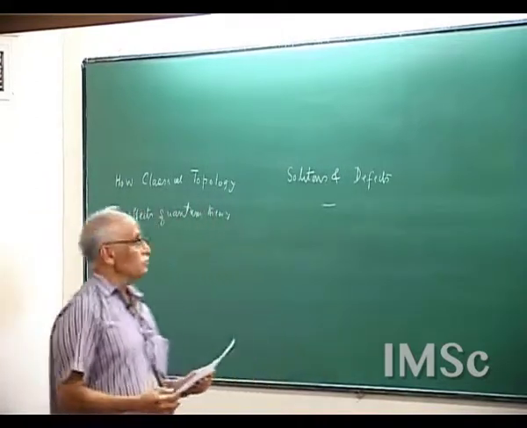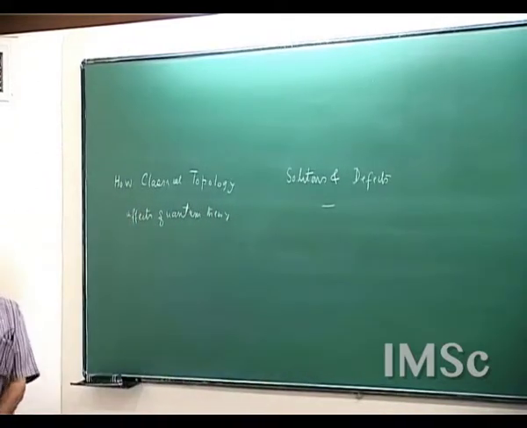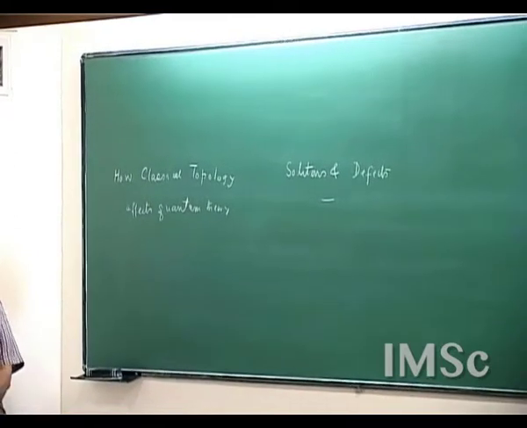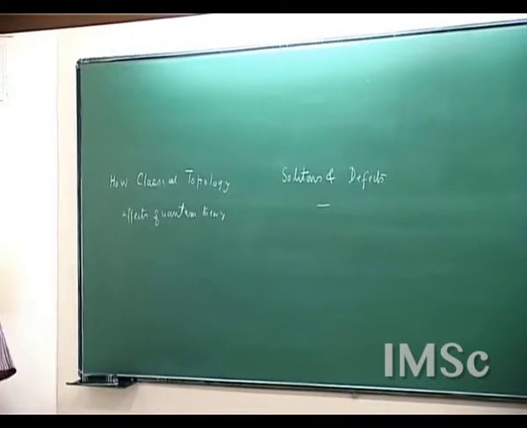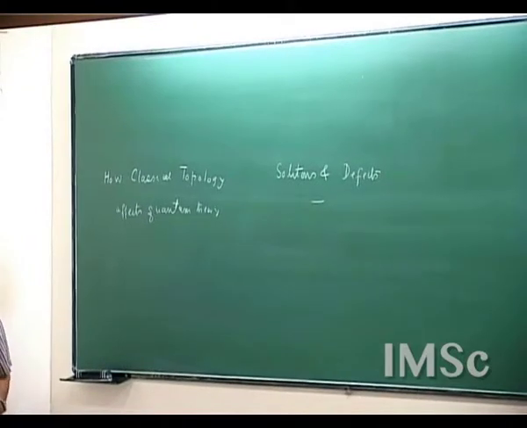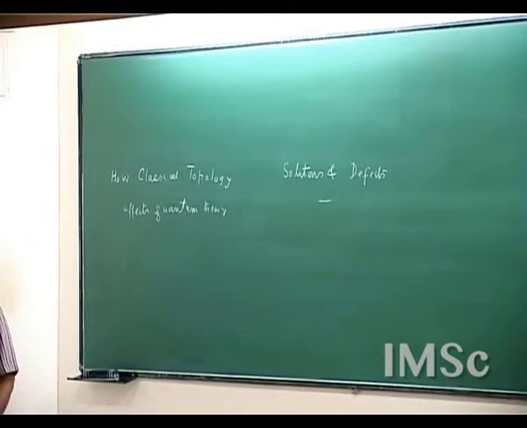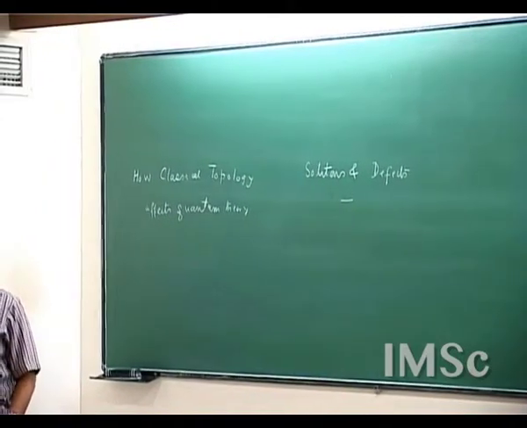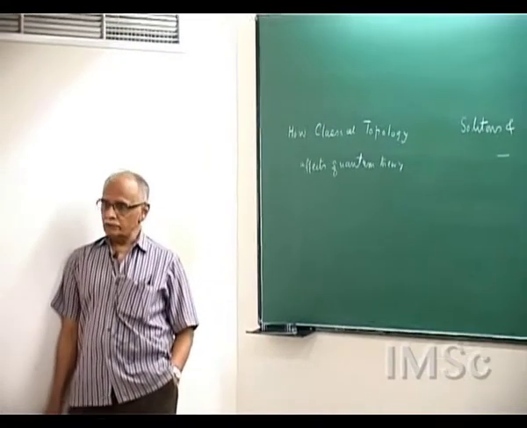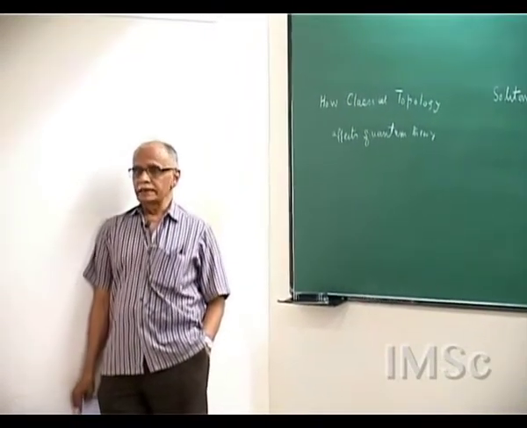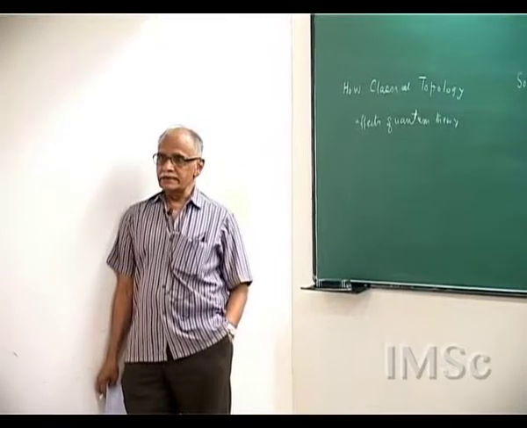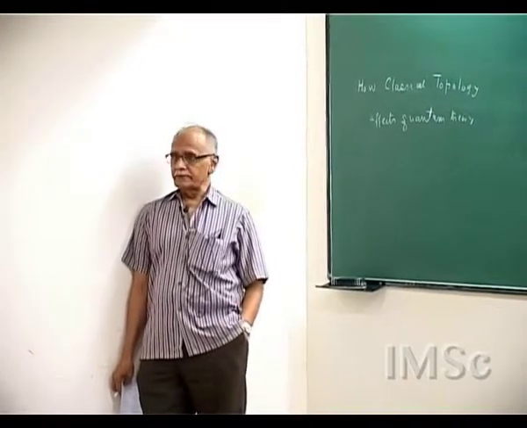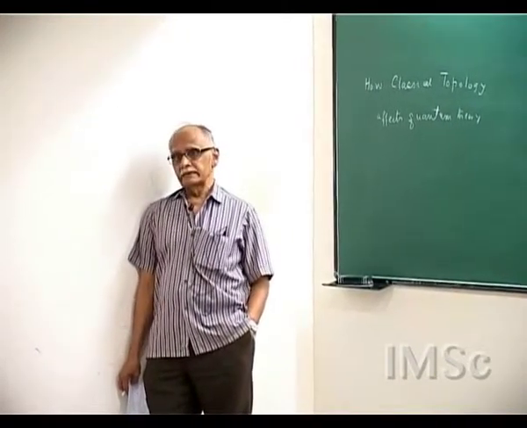By solitons and defects, I mean that in many of the quantum theoretical models, solitons occur, and defects, which are closely related objects, also occur, for example, in condensed matter theory.